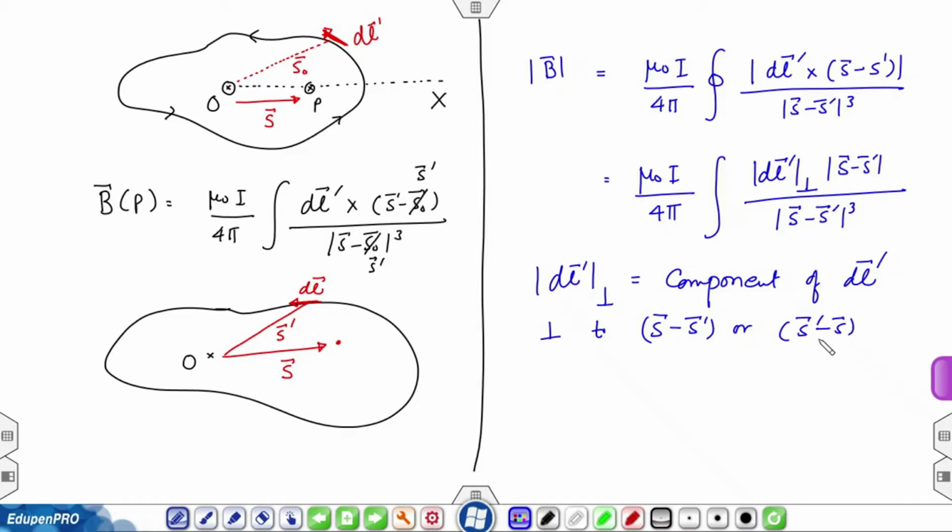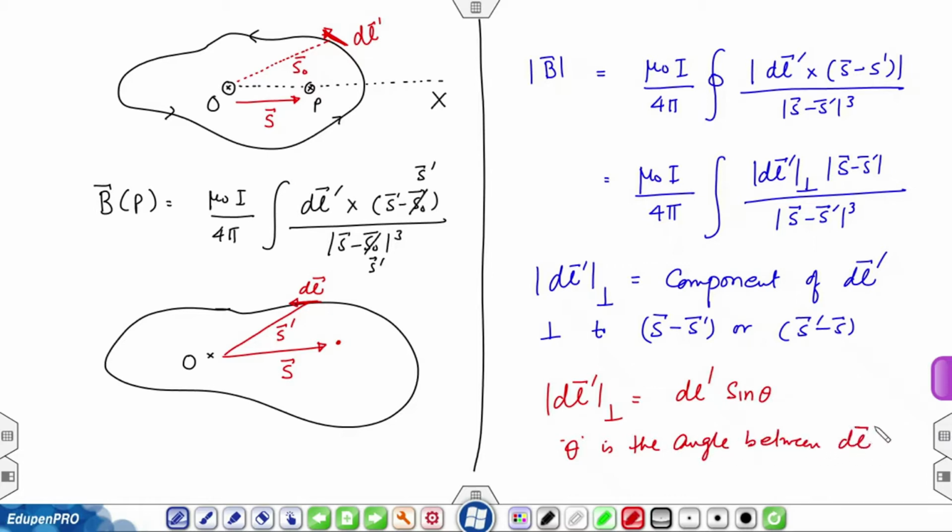So, let us see, dL prime perpendicular is going to be dL prime, just the magnitude, sine of theta, where theta is the angle between dL prime vector and s prime minus s vector.